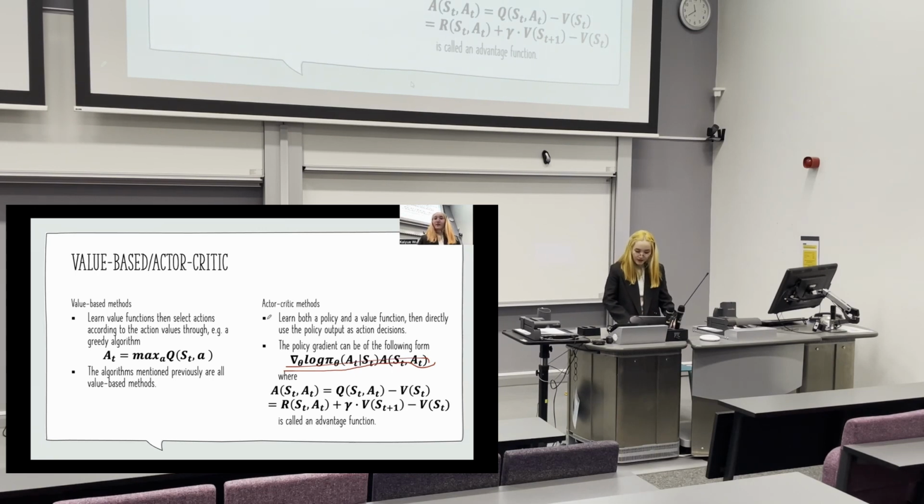And we have a new concept here called the advantage function, which is the difference between the action value and the state value. And the following expression is a further expansion of this advantage function. It expresses the Q value in an iterative form.